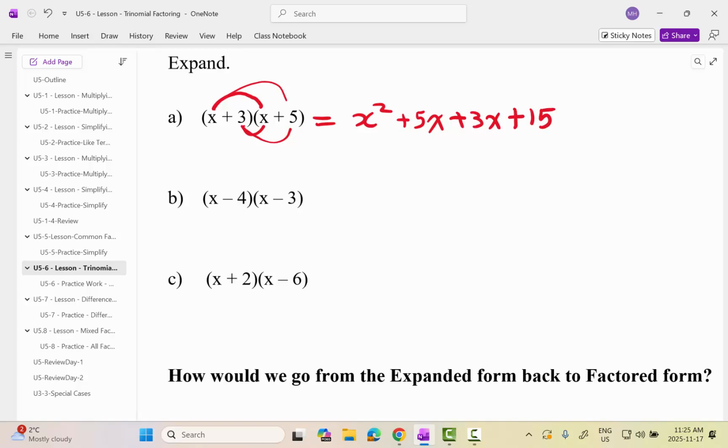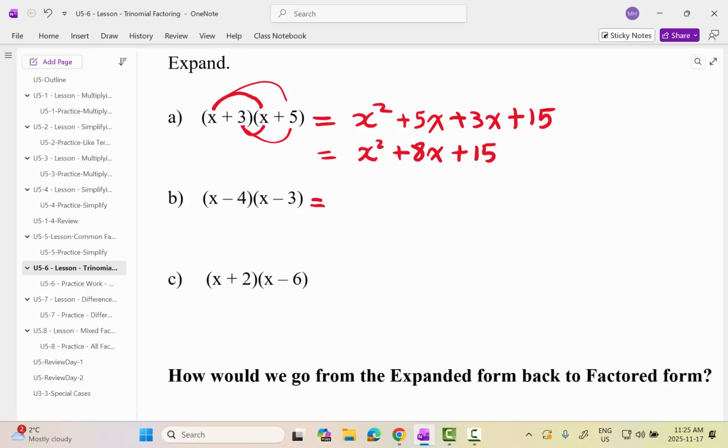Okay, so we know how to do that. And now we just simplify it here. So x squared plus 5 plus 3 is 8, so 8x plus 15. Okay. Is everyone okay? So we know how to do that, yes? 5.6. So today we're doing 5.6.